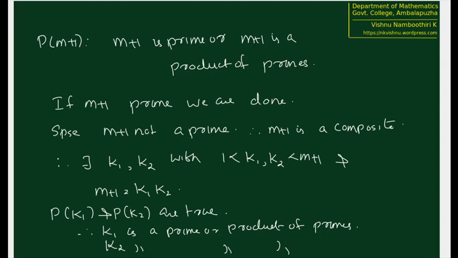So if k1 is a prime or product of primes and k2 is a prime or product of primes, then the product k1 k2 is again going to be prime into product of primes or product of primes into primes. Anyway, everything is going to give only primes.